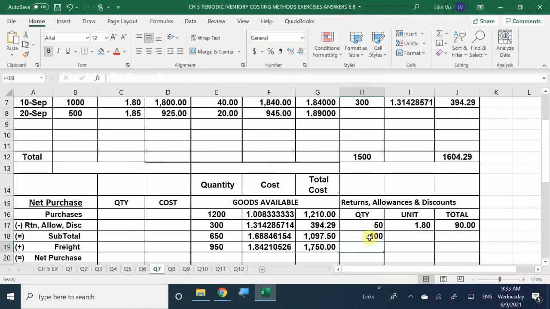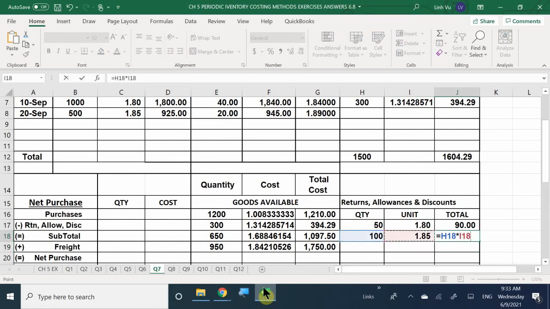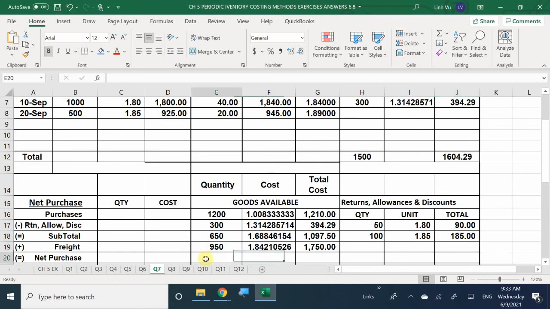At what cost was each item originally purchased? $1.85. So in grand total, what is going to be my refunded amount? $185. Right? So now we can transfer that amount into my goods available.